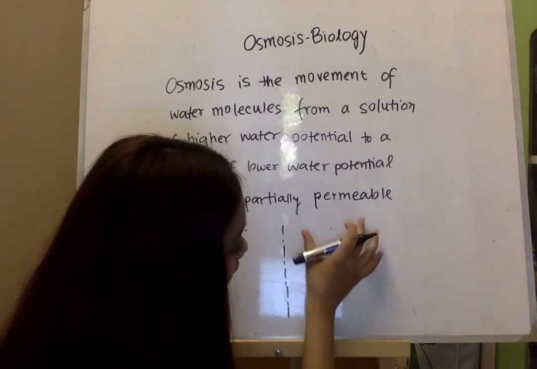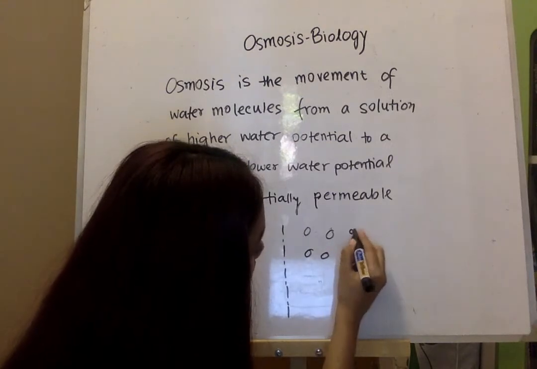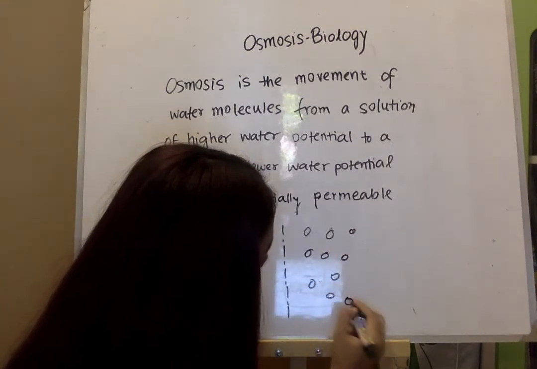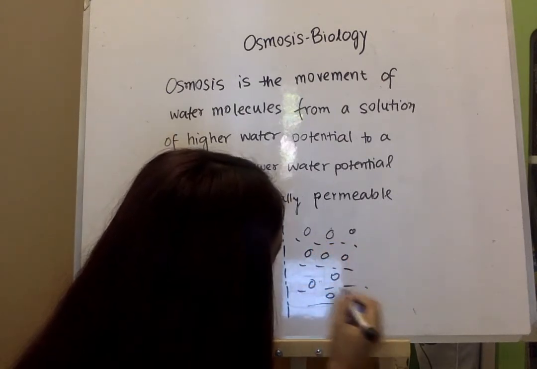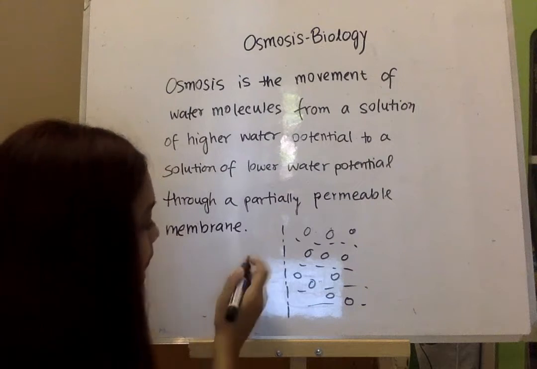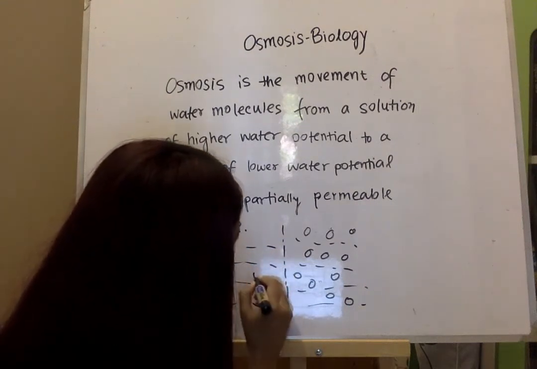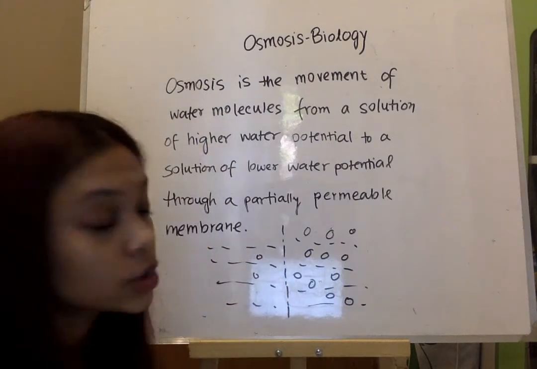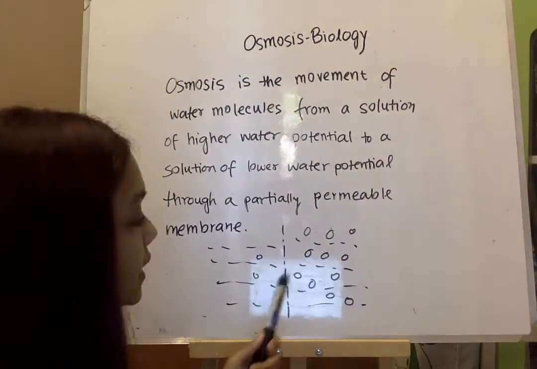For example, on this side, we have these solutes and we have the water. On this side, we also have water but fewer solutes, which means that this portion has a higher water potential than this.